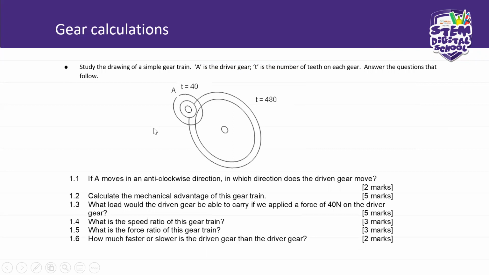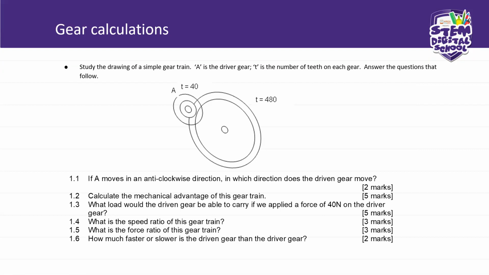Now let us look at gear calculations. Study the drawing of a simple gear train. I like this drawing because I want to show you how you graphically represent gears. This is how you draw it if a question says, draw this gear system using graphic symbols.